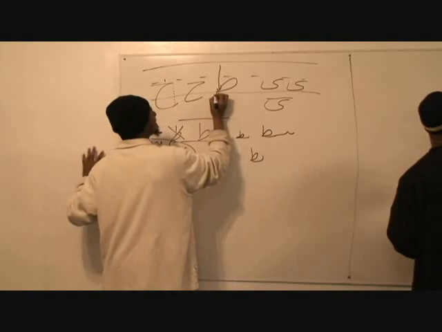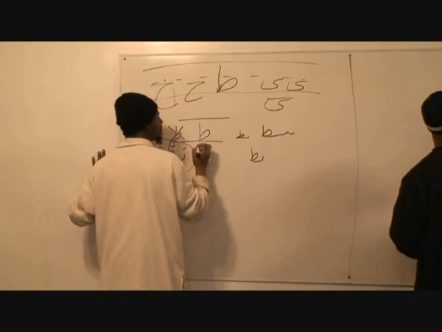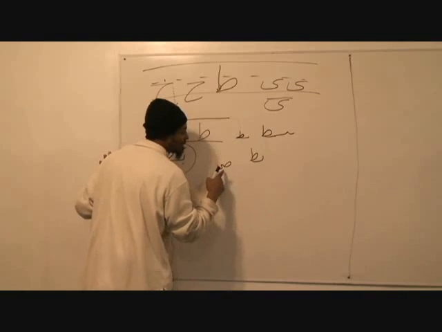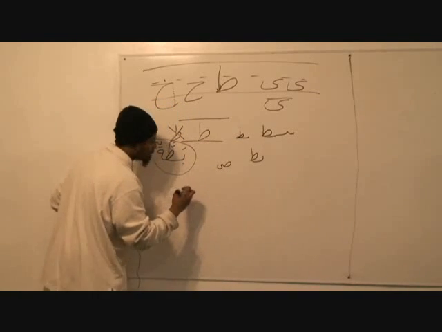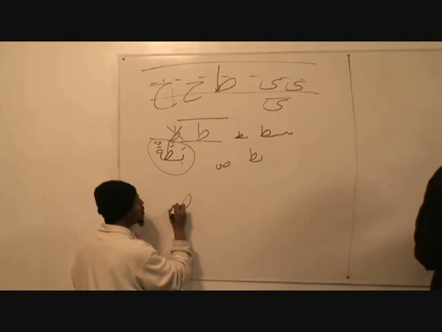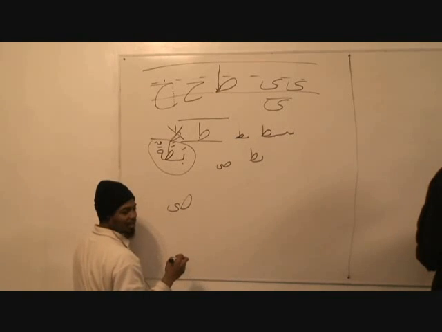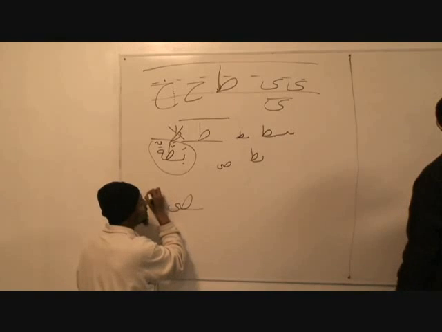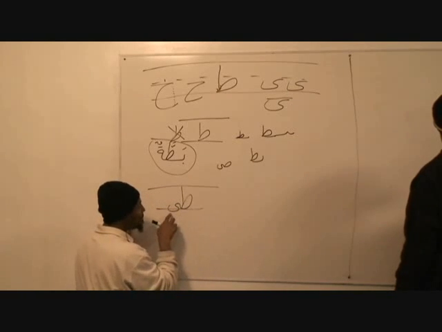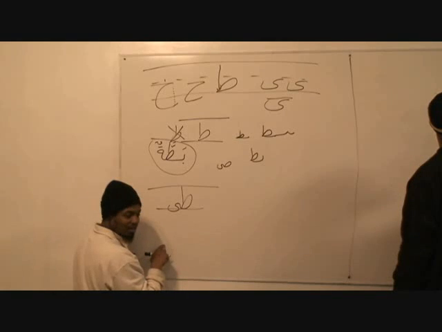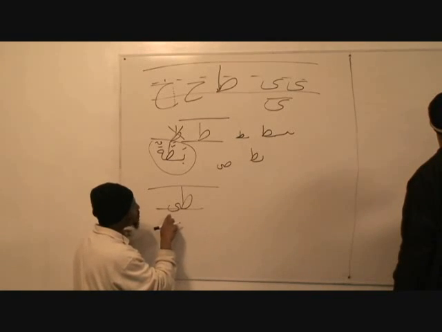Now, if it's at the tail end of another letter, like this tha, then you go up a little bit. You see how I went up before I went there? Let's do that again. I write a tha, I go up, and then I make the whole thing. Does that make sense? Remember, the tha is on the line. So that means this is going to break the line, isn't it? Just ever so slightly, though.